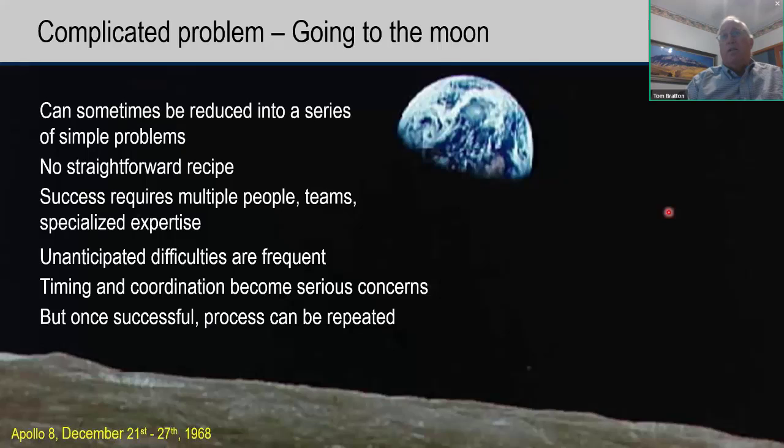There were unanticipated difficulties that were frequent. Timing and coordination were always serious concerns. But what he said was, once you've done it once or twice or three times, the process can be repeated and can be repeated quite well.